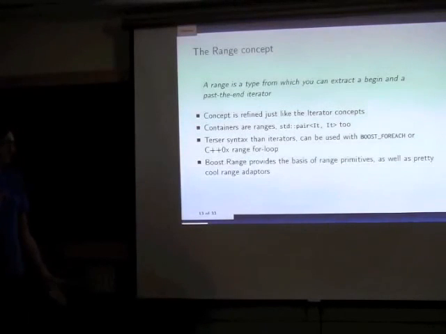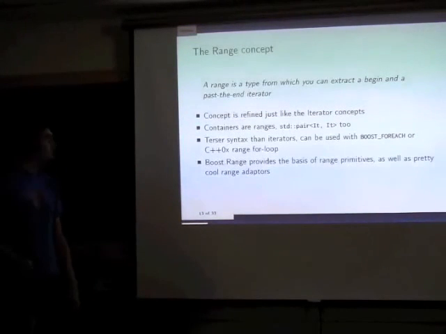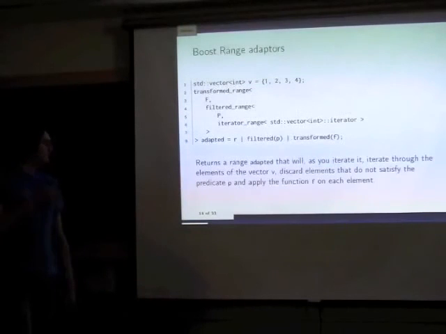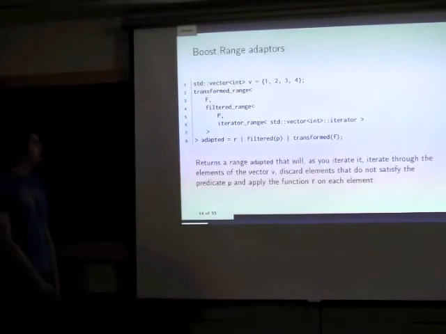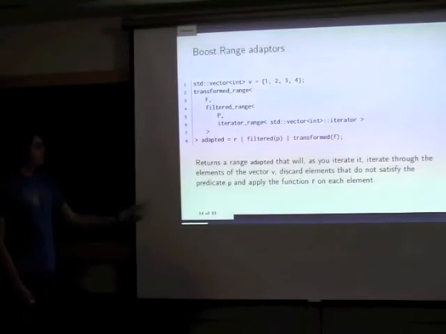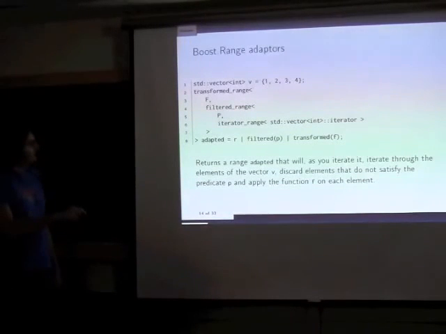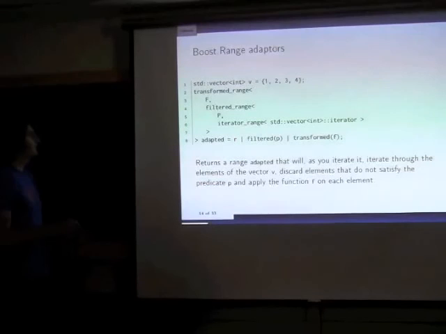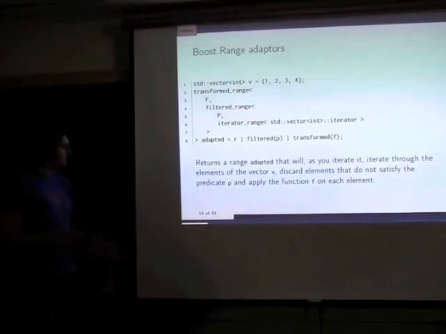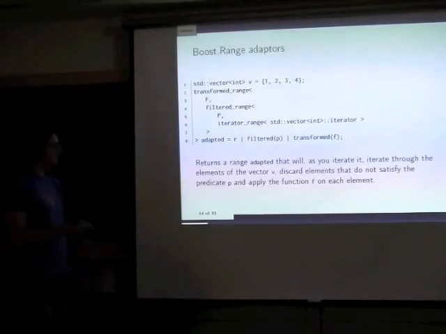There are also some pretty cool range adapters which were added quite recently. So adapters look a bit like this. As input, we've got a vector. So I got it wrong here, it's not R, it's B. And so this vector is a range, and we're going to build a new range, which is this range filtered by predicate P. P and F are functions.